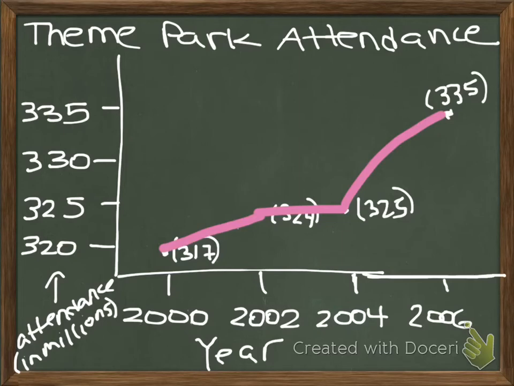It looks like between 2002 and 2004 is the least amount of incline, so that's going to be our least amount of rate of change. To check that, we need to find each, in between basically, each slope. So I'm going to use the points 2000 for x, 317. That's going to be our first point.